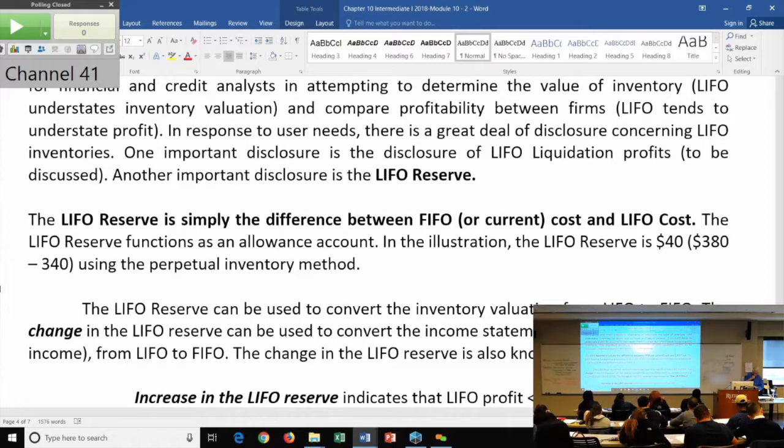So that would bring the ending inventory on the balance sheet. The inventory reported is 340.